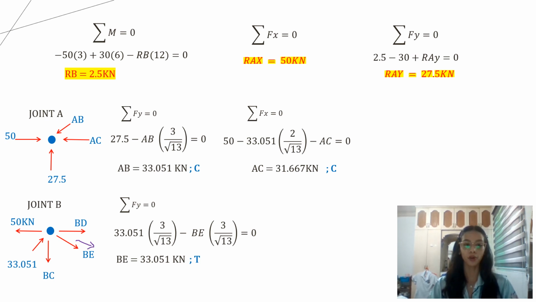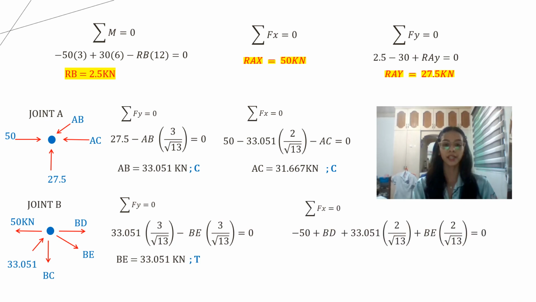So for our summation of Fx, we have the negative 50 plus BD plus our 33.051, which is our AB, times 2 over square root of 13, plus BE.